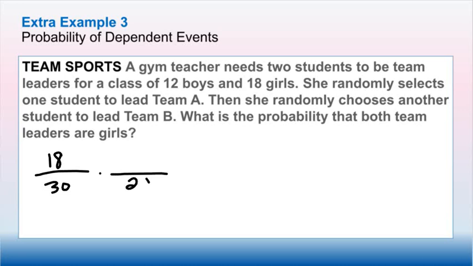Now there's only 29 students available. 17 of them are girls. So if you did 18 30ths times 17 29ths, we end up with 51 out of 145, or as a percent, this would be about 35%.